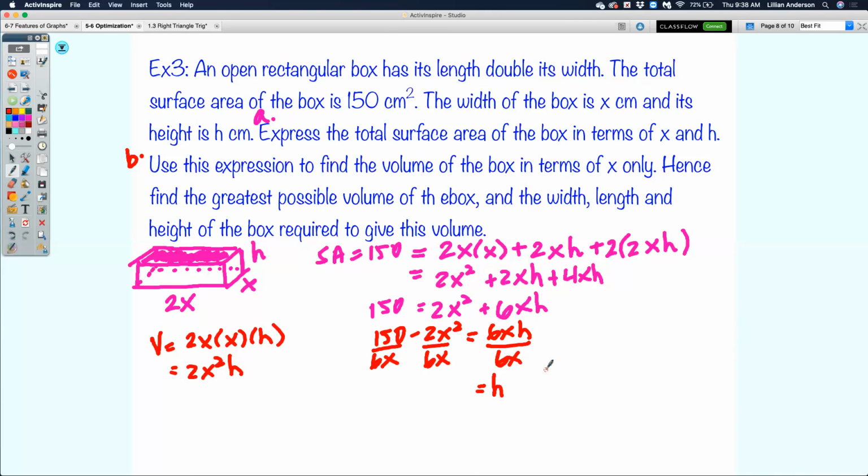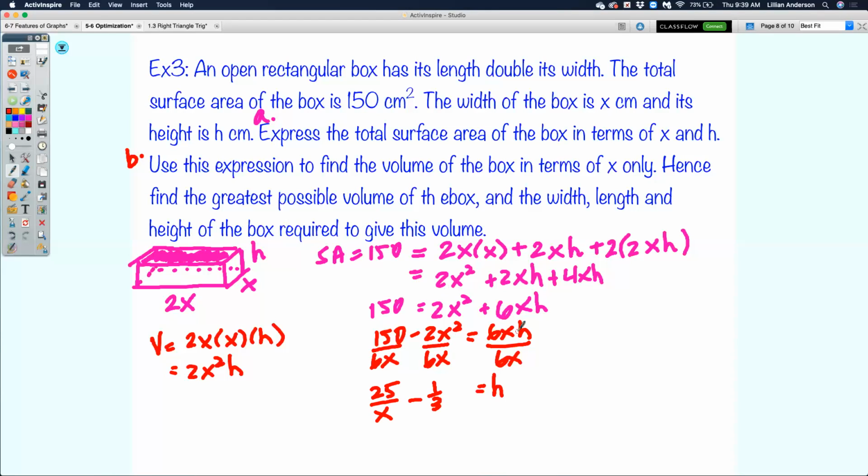So what's 150 divided by 6? 25. So this becomes 25 over x minus what's 2 over 6? 1/3.